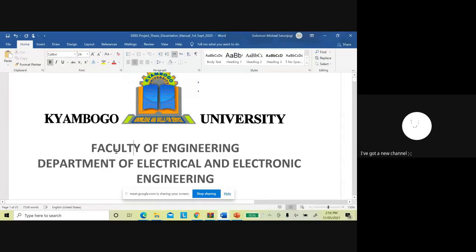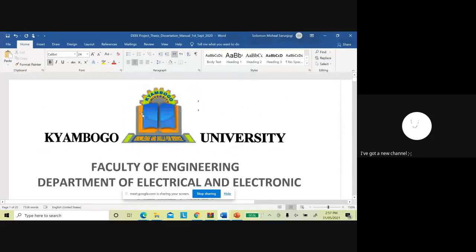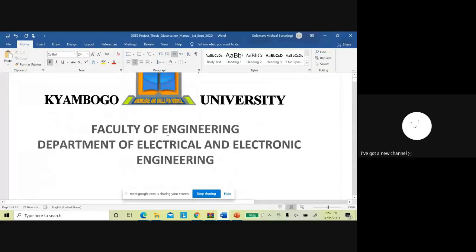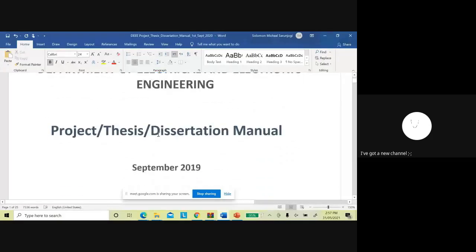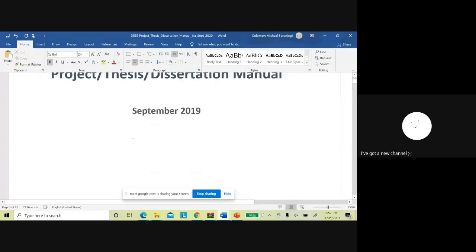So obviously, I'm not going to go through every single word of this document, but we recognized the challenges, and we developed this research dissertation manual that every student must acquaint themselves with at the beginning, during, as well as at the end of their presentation or their research. So we call it a dissertation manual that addresses all manners of research, including diploma, degree, as well as master's programs. So it's the same journey.